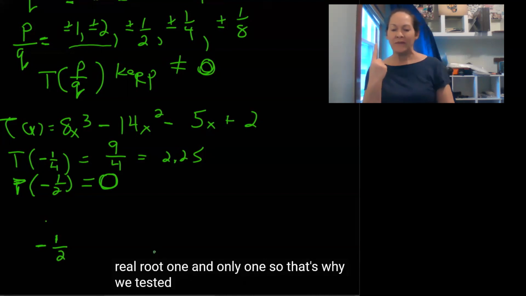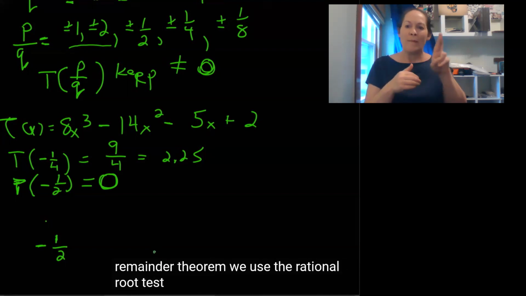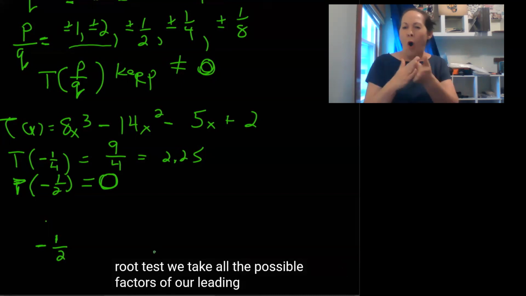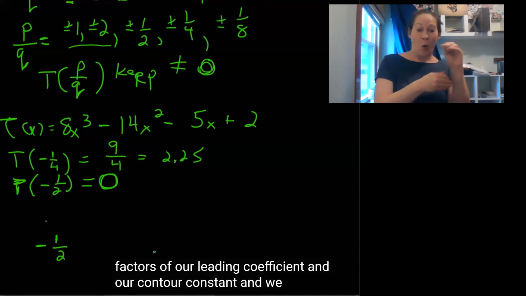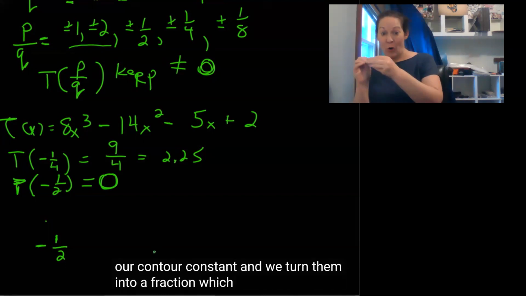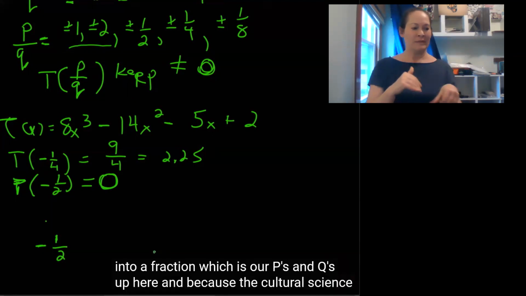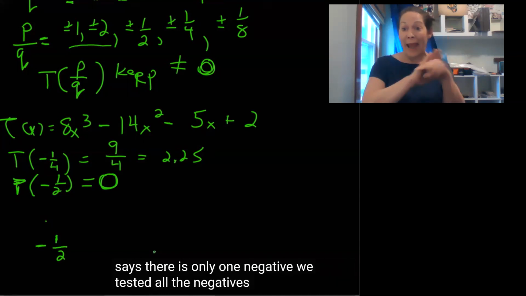So that's why we tested the negatives using the remainder theorem. We use the rational root test. We take all the possible factors of our leading coefficient and our constant, and we turn them into a fraction, which is our p's and q's up here. And because Descartes' rule of signs says there is only one negative, we tested all the negatives.